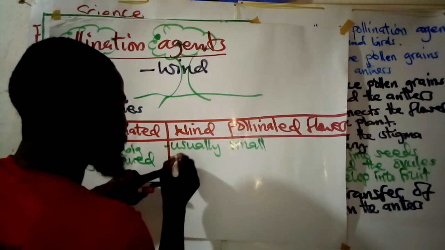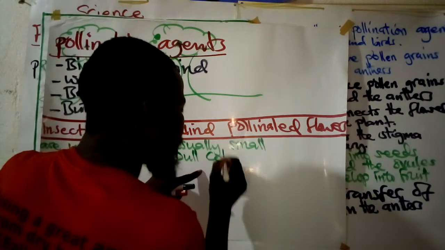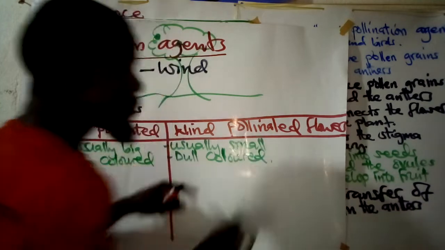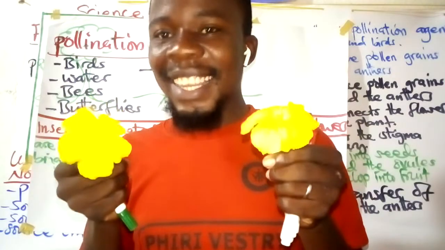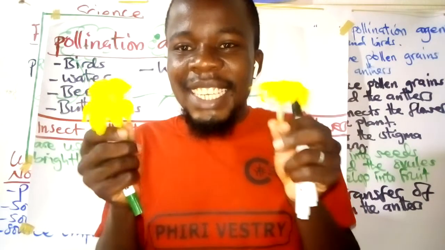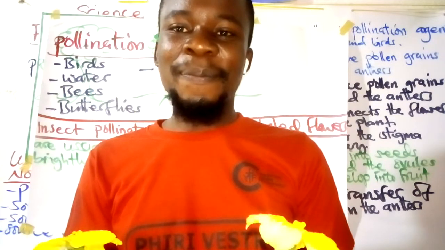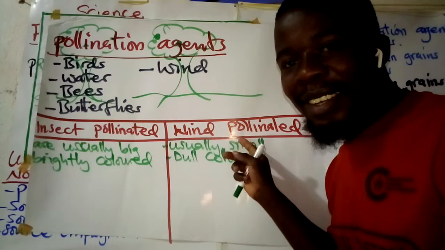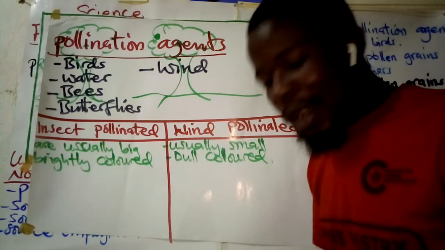Well, these ones, dull colored. Brightly colored, so that it can easily be seen by insects, while wind pollinated flowers have got a dull color. All right.